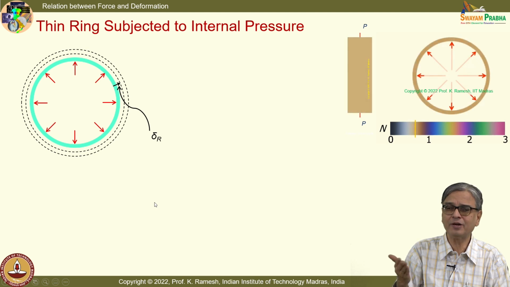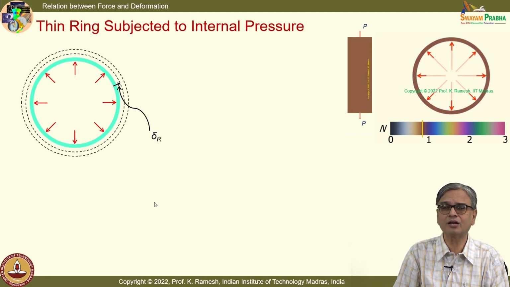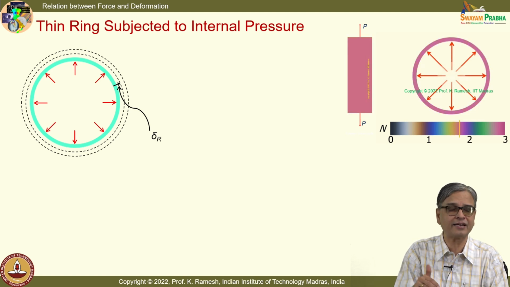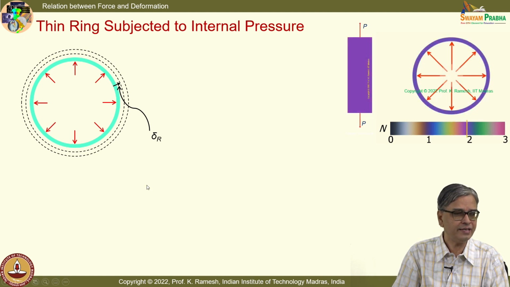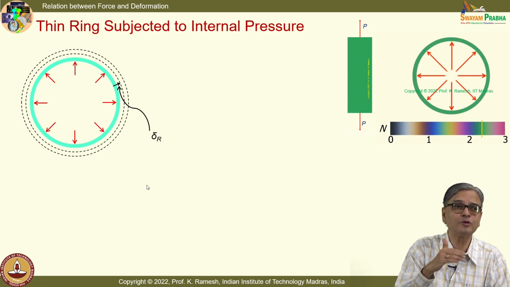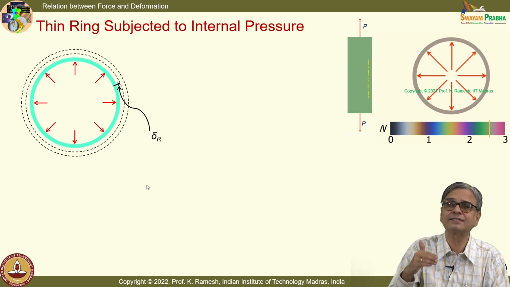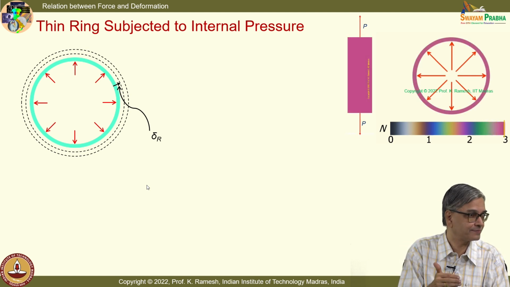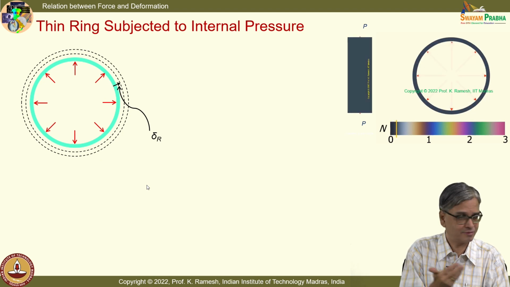So, can you draw the free body diagram? You start drawing it, I will also show it on my screen, and you can verify whether you are able to, because when I put an imaginary line and cut it in half, fine. When I remove that section, you should put appropriate forces on that, to be determined. That we have also shown.